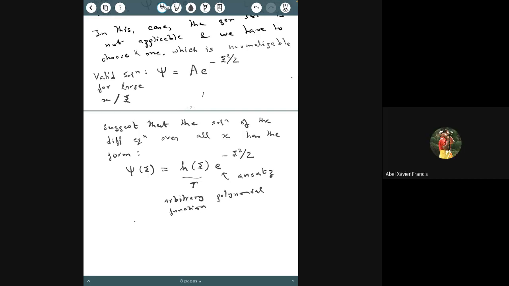Yes? Ma'am, how can we take it as a polynomial? Would it be just simply powers of xi, like xi squared? Yeah, powers of that. So, at large values of xi, it should reduce to e to the power minus xi squared by 2, right? If it is polynomial, it will just blow up. It won't reduce to the e to the power minus xi squared by 2. So we will use that argument. You are very close to the answer actually.